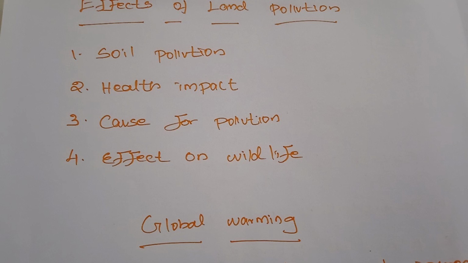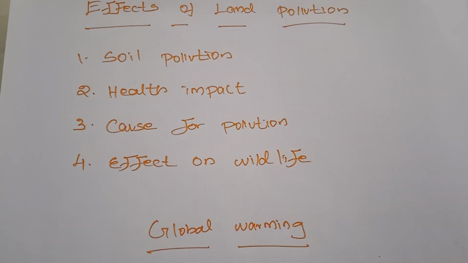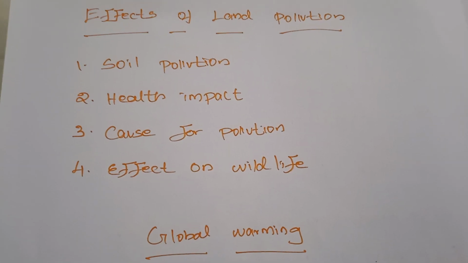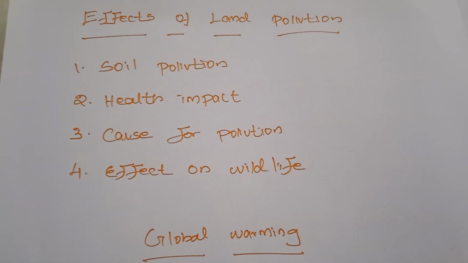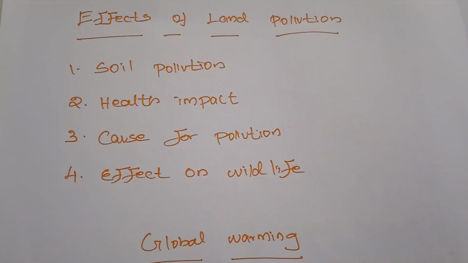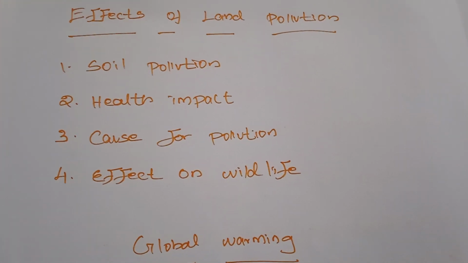Next, health impact. When the land is contaminated with toxic chemicals and pesticides, it leads to problems like skin cancer and respiratory system problems. The toxic chemicals can reach our body through foods and vegetables.